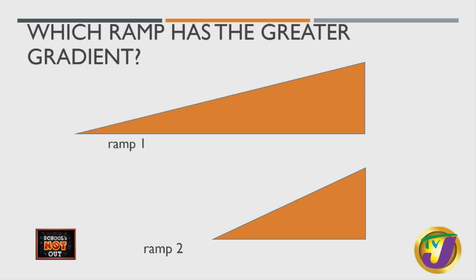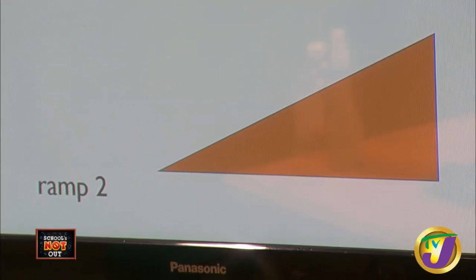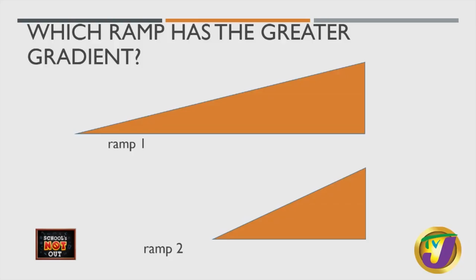You know what's interesting? I'm looking at this and seeing that both ramps are covering the same vertical distance. Yeah, the height looks pretty much the same. And on a graph that would represent the change in y, along your y-axis. Now I'm looking at ramp 1 and the horizontal distance is a very large distance, a long distance rather.